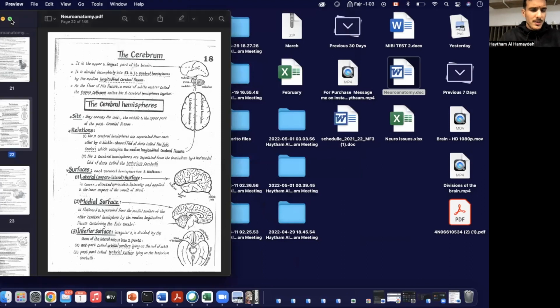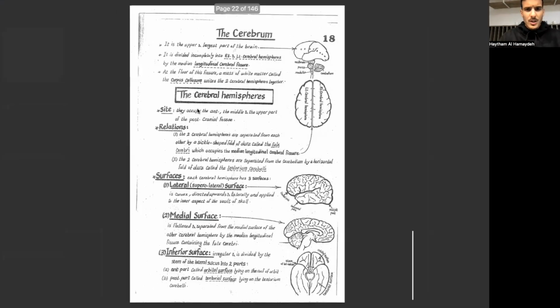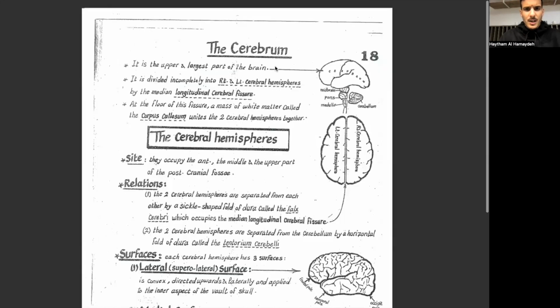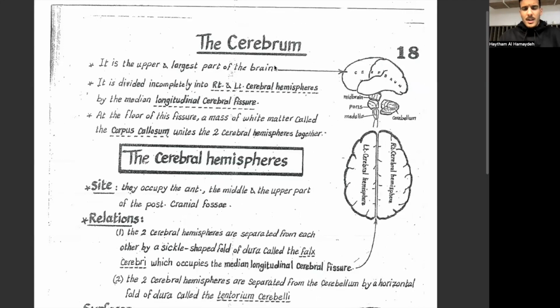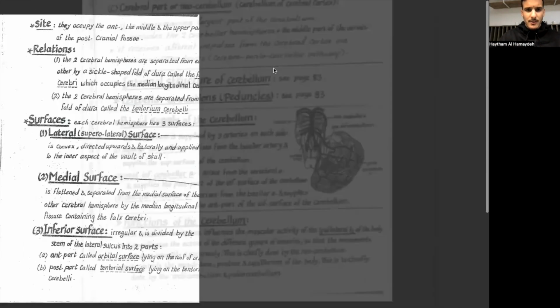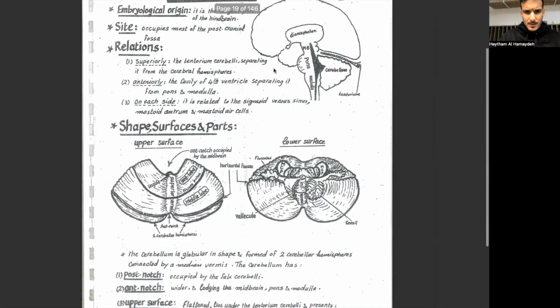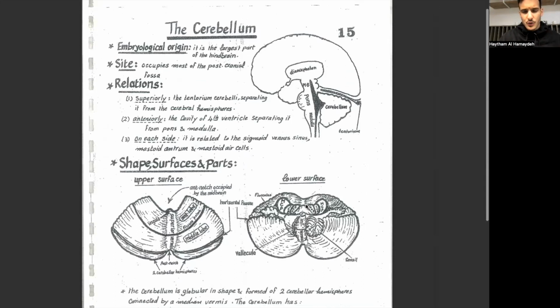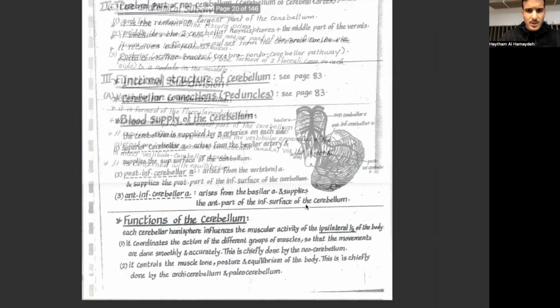So let me just make this go into full screen. So the model is here. First I would start with, okay, the cerebrum is everything that lies above the diencephalon. So if you didn't know what the diencephalon is, you see, that's the diencephalon, and everything above it is the cerebrum. Now that's the cerebellum. We don't want that in this video.